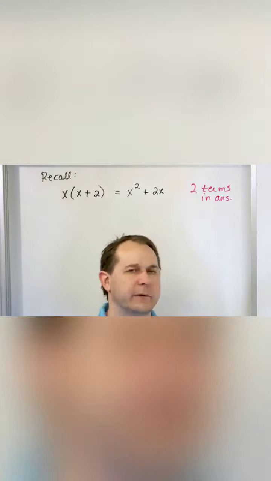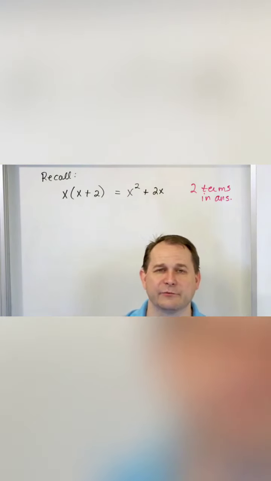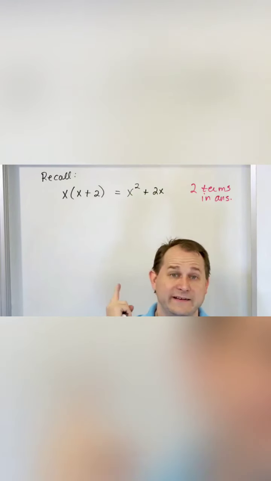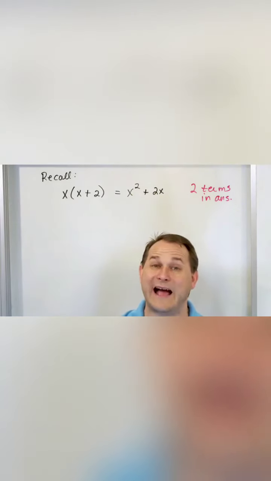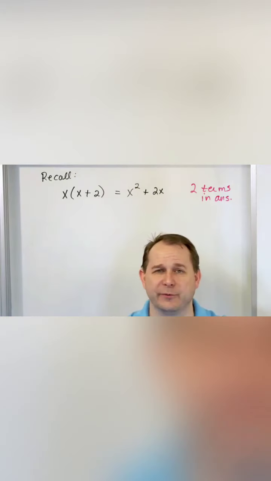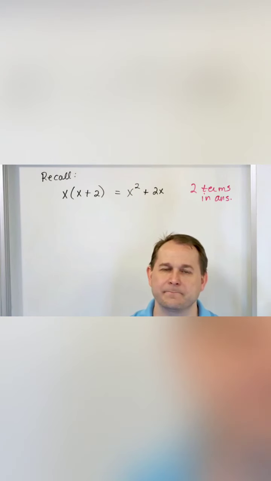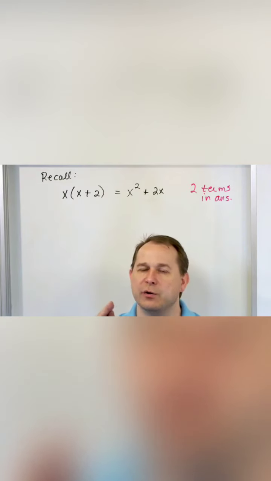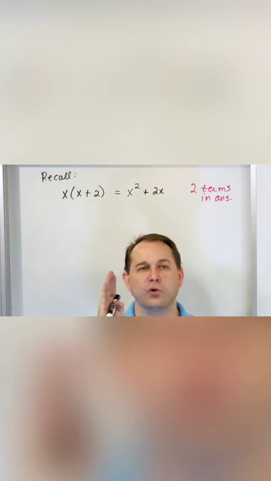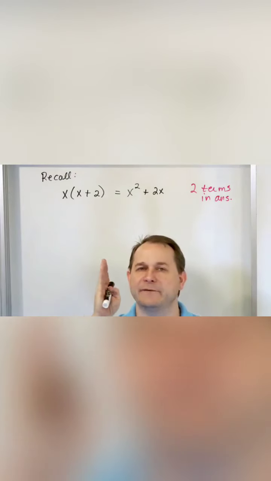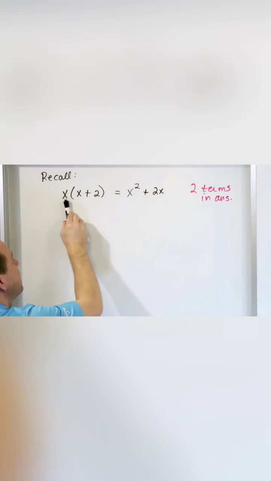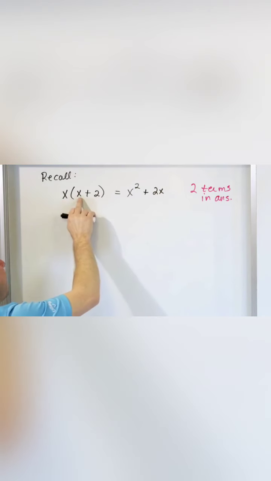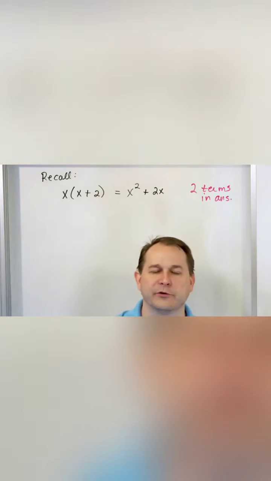So the critical thing to remember about multiplying anything in algebra is when you have a set of parentheses, with, in this case, 2 terms inside, but actually it can have any number of terms inside the parentheses, right? Then if you have something sitting right outside that parentheses, then you know from the rule of distribution that in order to do all the multiplication, you have to take that outside term and multiply it times every term on the inside, because if you only multiply it by half the terms, then you've only done half the multiplication.